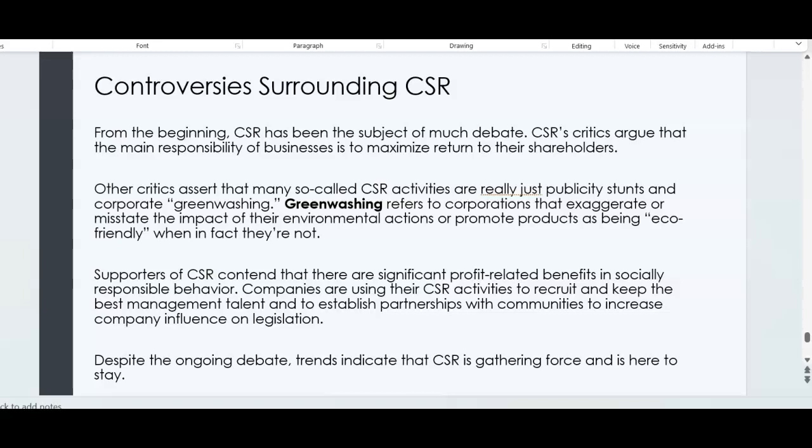The other viewpoint says corporations really just exist to make money, and it's not the corporation's responsibility to take care of all of these stakeholders. It's actually the owners of the business, the shareholders, the people financially benefiting from the business activities that can then take their money if they choose and invest it in these social causes. So I want you to be aware of the two somewhat conflicting viewpoints on corporate social responsibility.